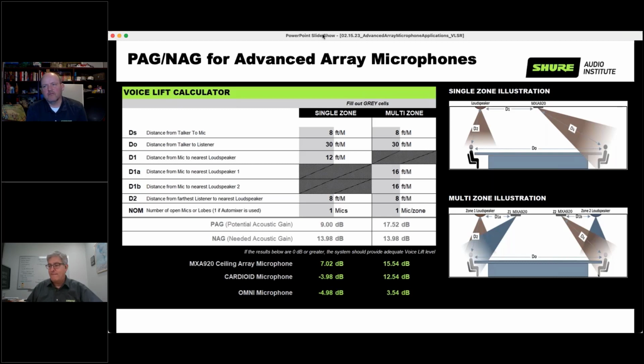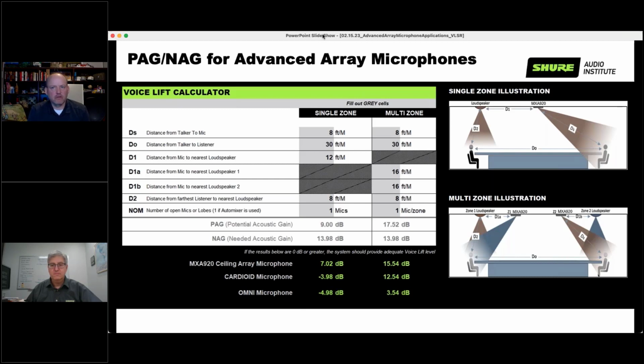Yeah, so we talked about earlier how we need to do multi-zone, right? If we do a single zone of voice lift, that's essentially taking my voice at one end of the table and amplifying it to the other side of the table. There's no back and forth.